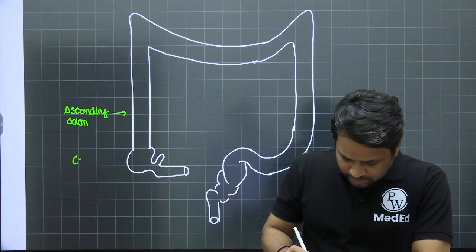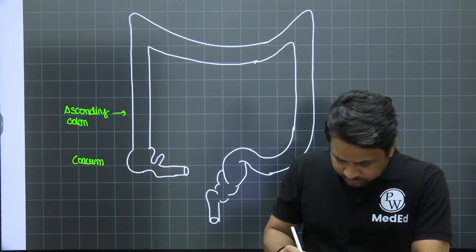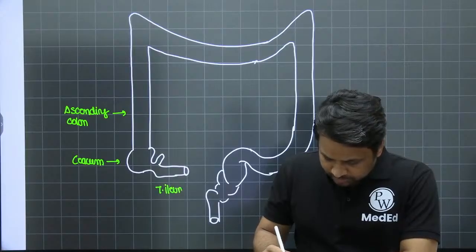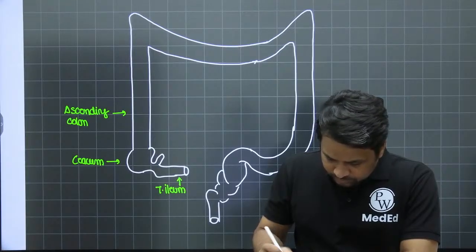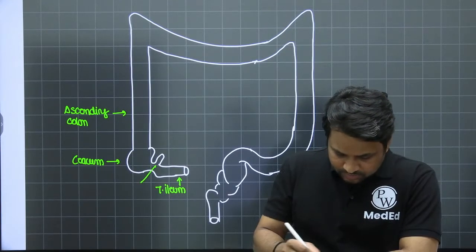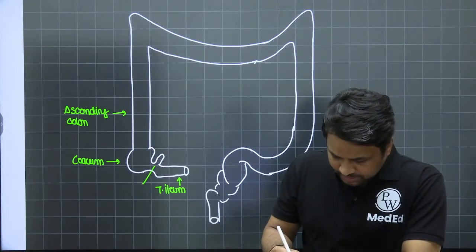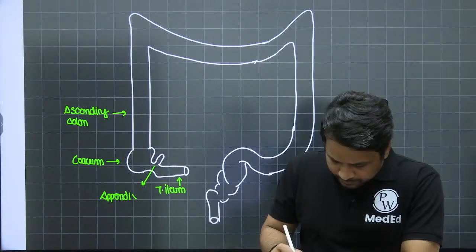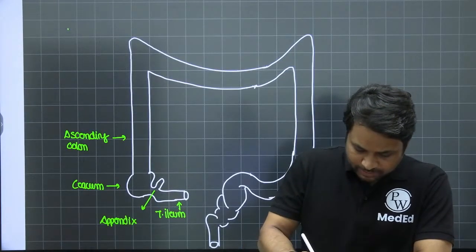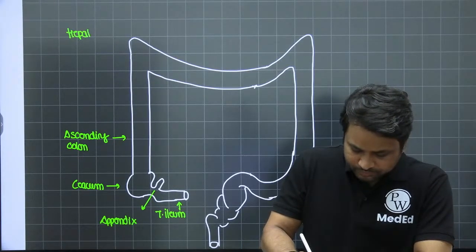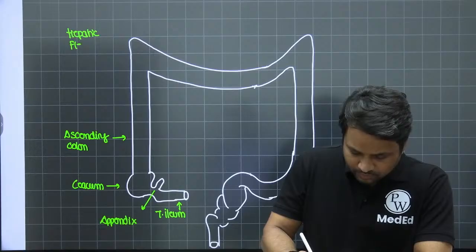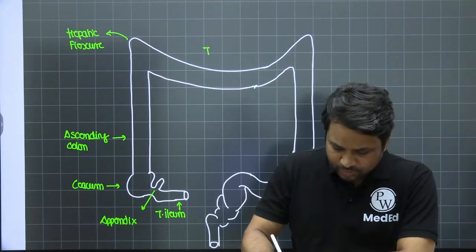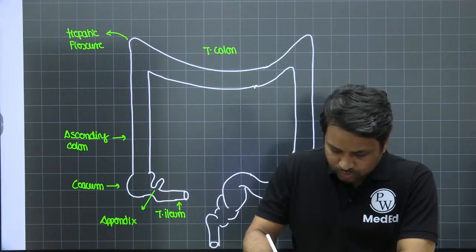This is the cecum. This is your terminal ileum. This is your appendix. This is your hepatic flexure. This is your transverse colon.